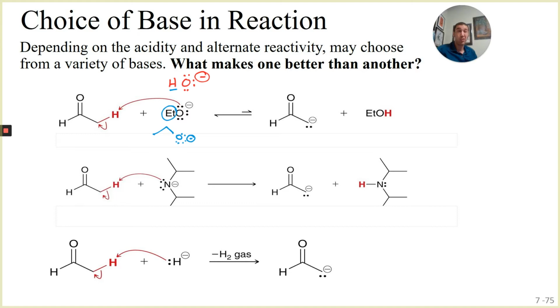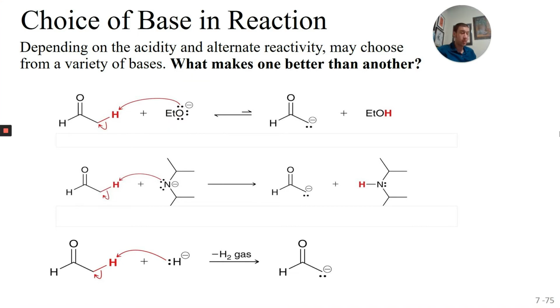Ethoxide ends up being a little bit more soluble and agreeable to organic solvents because you have that carbon chain as opposed to the hydrogen, which means very aqueous based. So not a huge difference in acidity. And we could see that difference in acidity if we used pKa's.